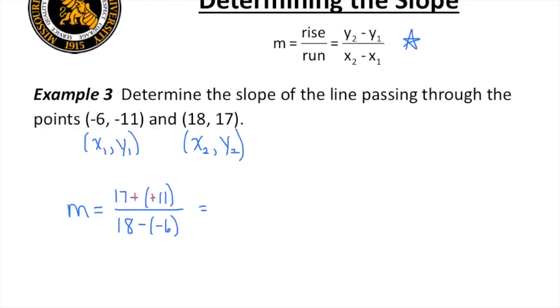So in the numerator, we have 28. In the denominator, subtracting a negative results in 24. We always want to simplify our slope. So notice there is a common factor of 4. Dividing numerator and denominator by that common factor gives us a final slope of 7/6.